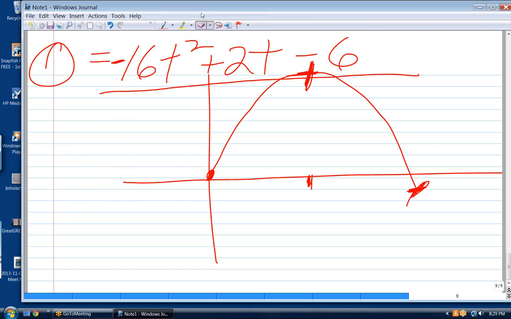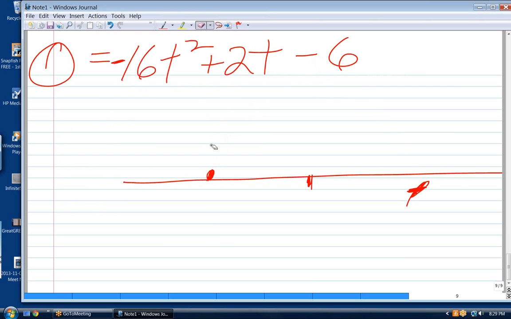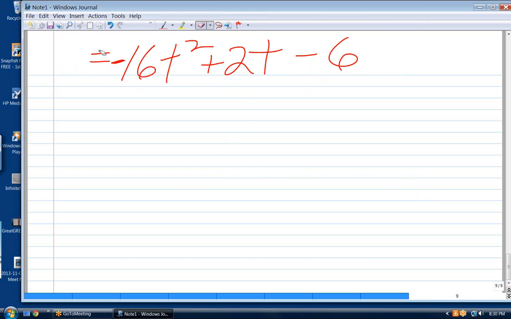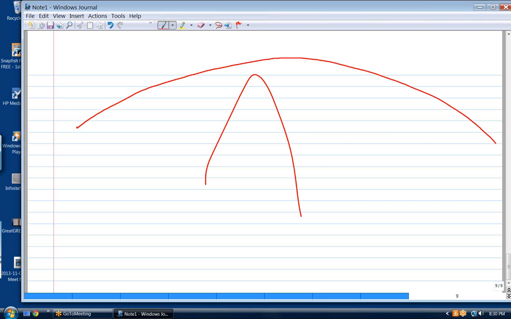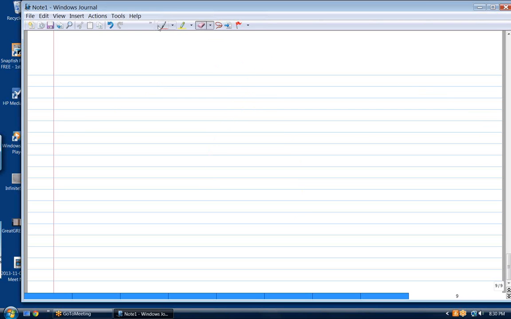So there's a lot of places where you would use the vertex, especially on physics type problems, projectile motion problems, which are always quadratics, because whenever you throw a ball into the air, it always follows a parabolic path. It might be this, it might be this, but it's always a parabola, which means it's always a quadratic.